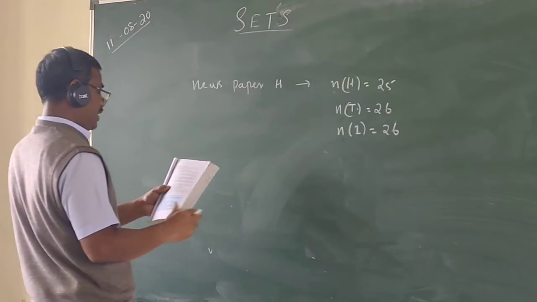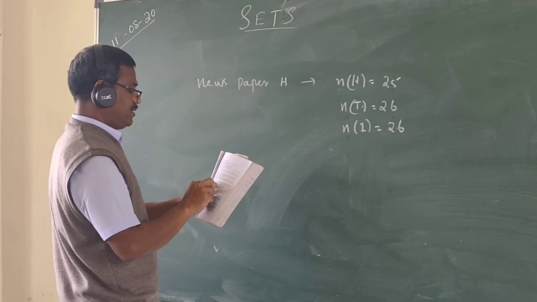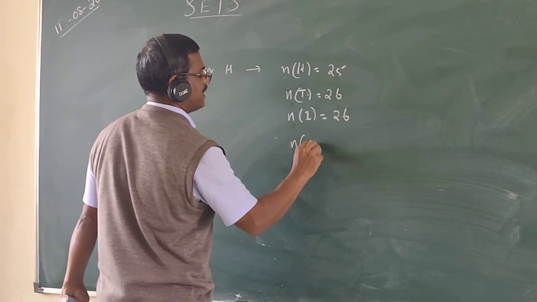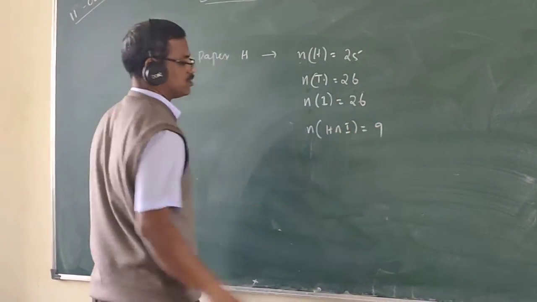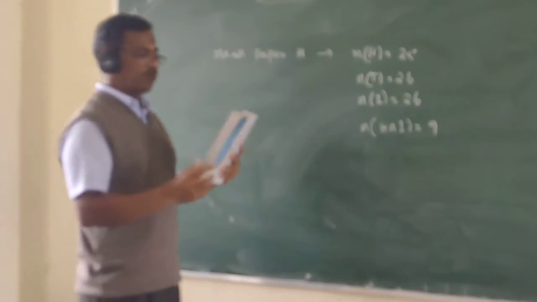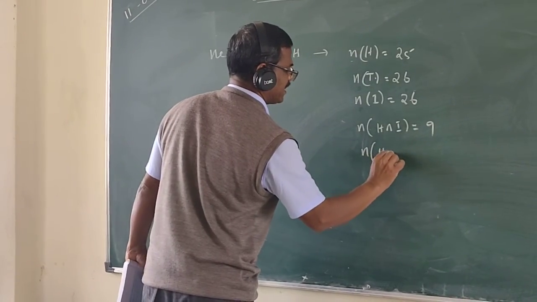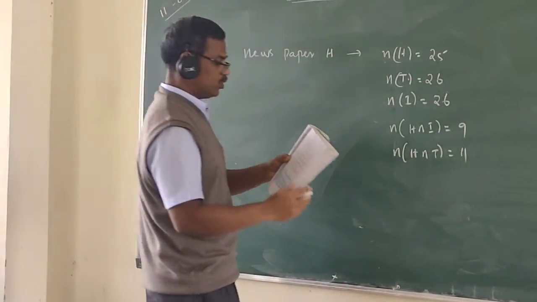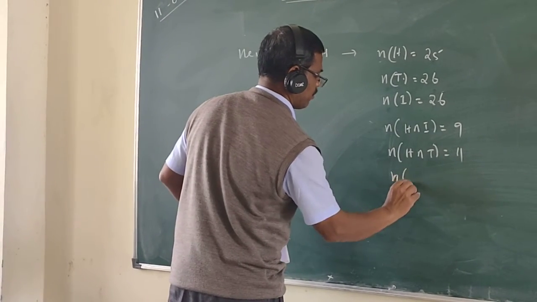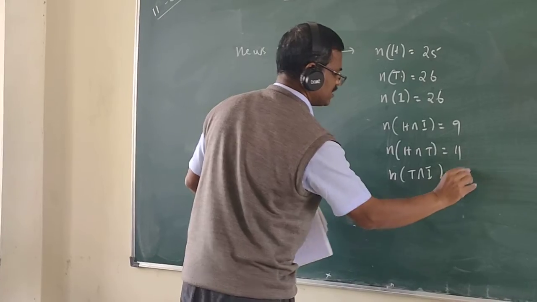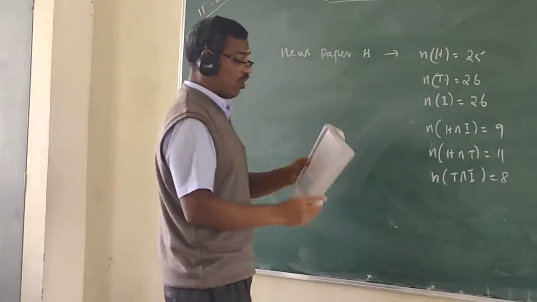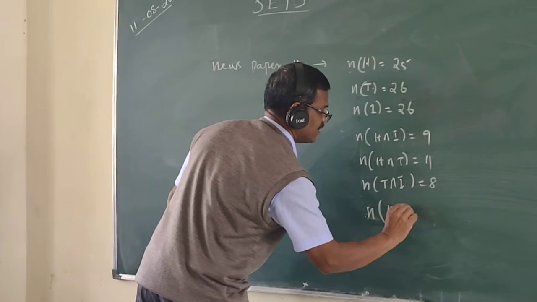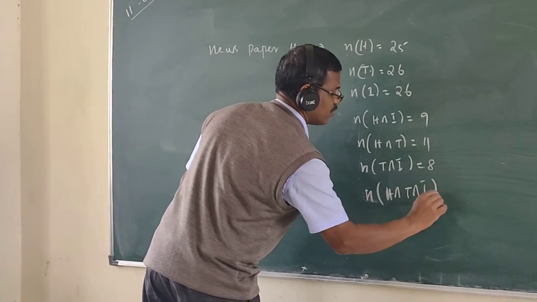Again, 9 read both H and I, so H intersection I. 11 read both H and T. And 8 read both T and I. And 3 read all 3 newspapers, that is H intersection T intersection I.